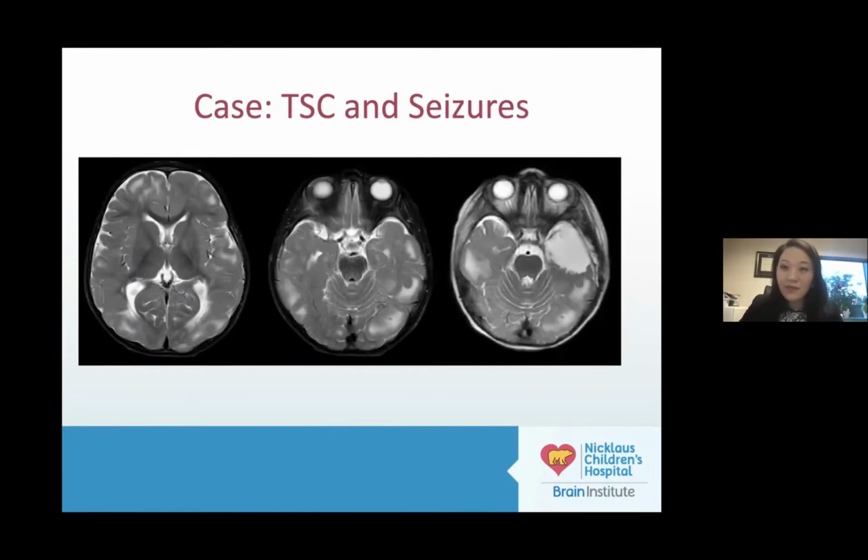Another case of a patient of mine with Tuberous Sclerosis Complex. This is a 20-month-old girl presenting to us with developmental delay and medically refractory seizures. She was found to have medically refractory seizures since about 6 months of age and found on imaging to have multiple tubers, the classic cortical tubers that are the classic manifestation of TSC.